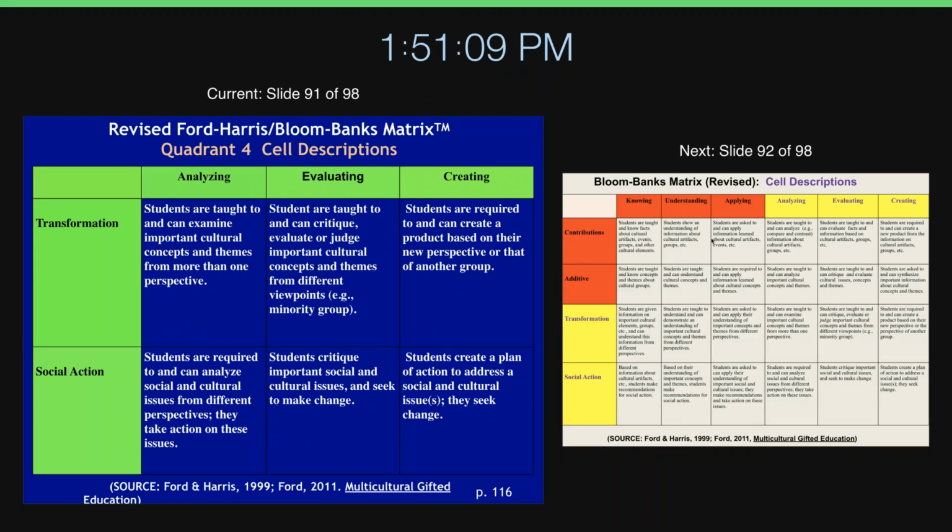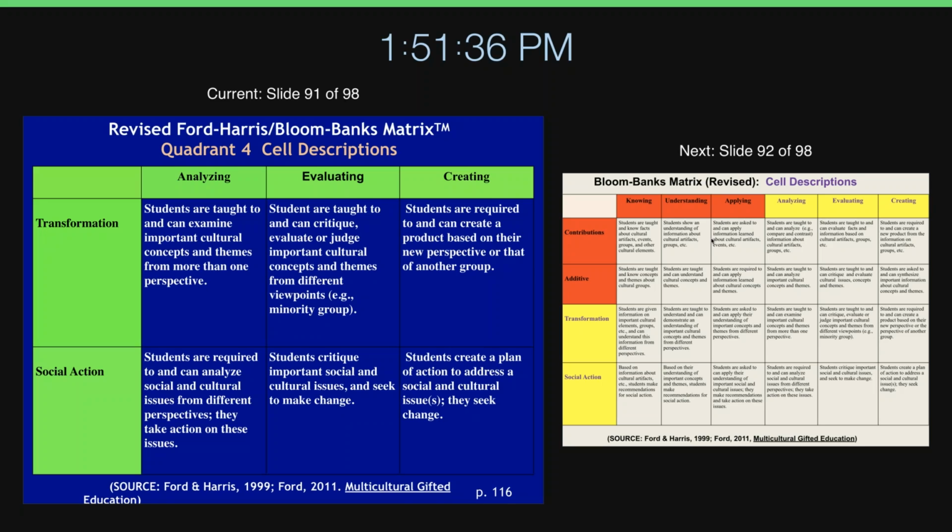The last quadrant is looking at the journey, the destiny. You can't go wrong in this quadrant. You cannot go wrong in this quadrant. And so here, let's just go with the highest level. We are at creating, and we are at social action.